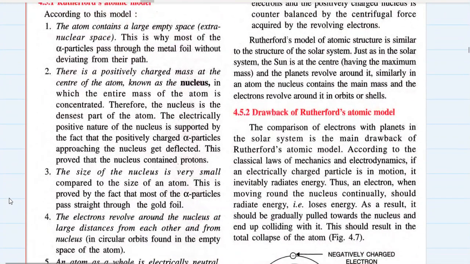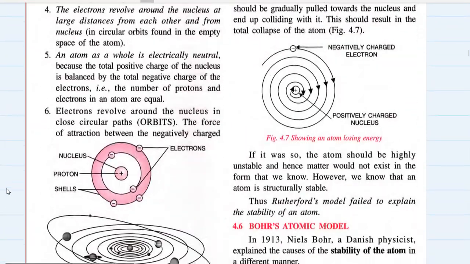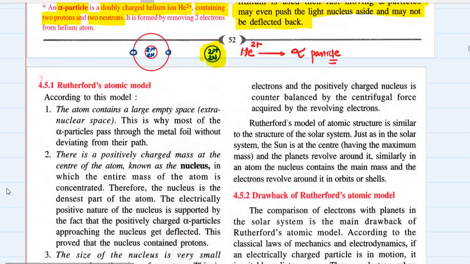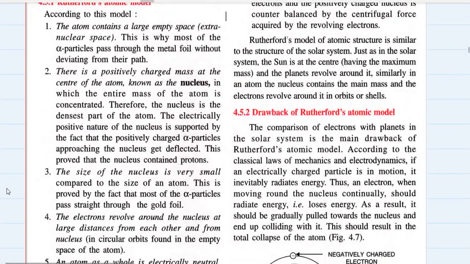So Rutherford's atomic model: these are the points of observation which Rutherford made with concrete proof, not like J.J. Thomson, who just said, okay, this is the thing because I feel so. No, no. According to Rutherford, his model looked in a specific manner because he had proof from his experiment. Let's see what he suggested.